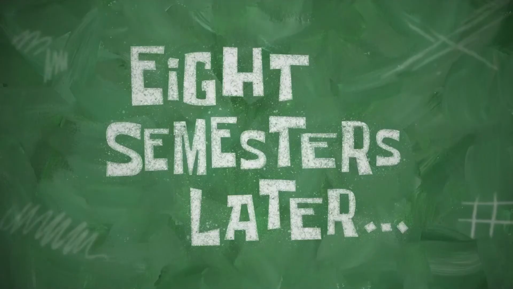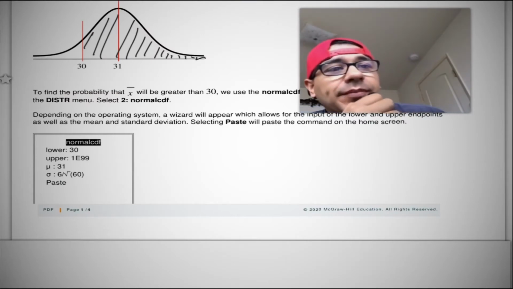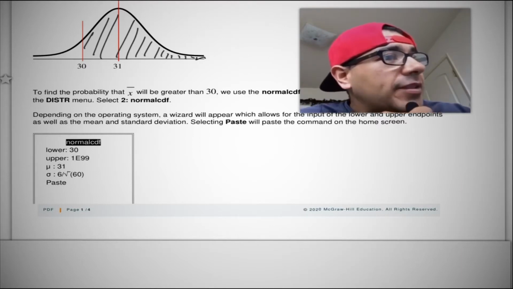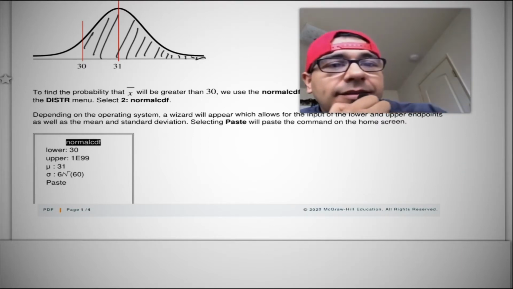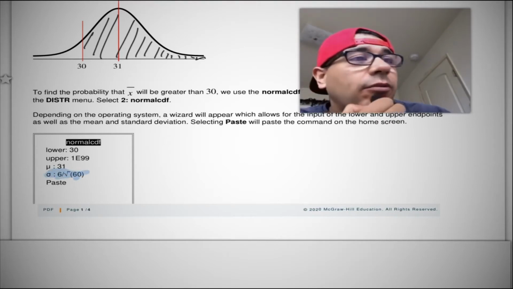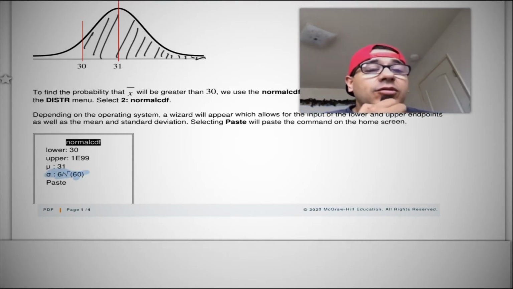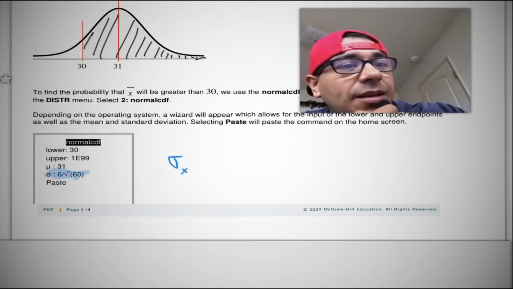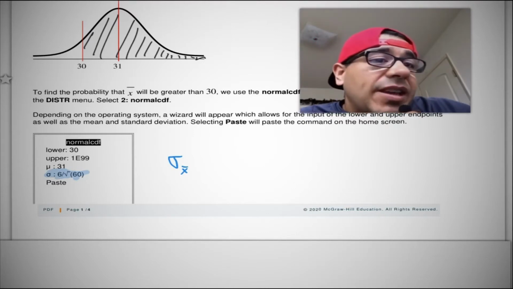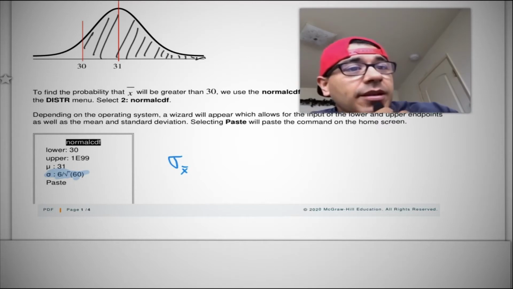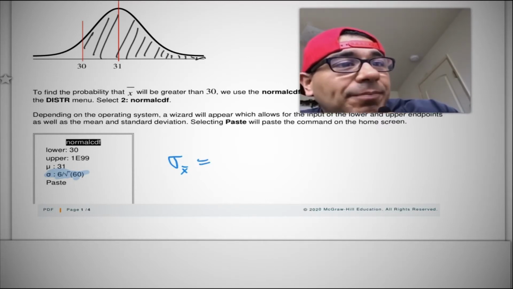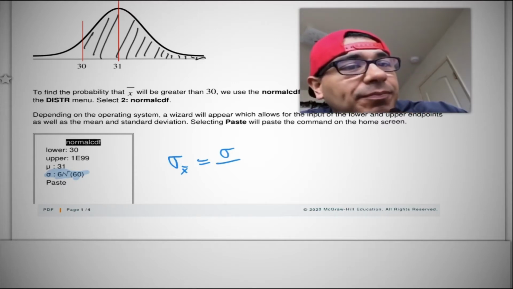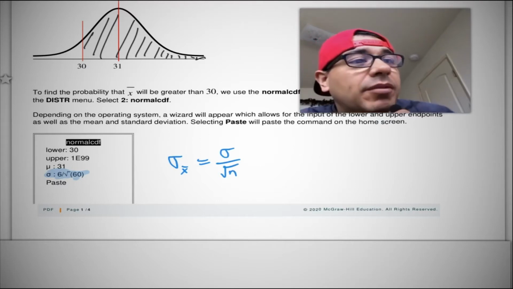Eight semesters later. All right, your second is up. Just like we said, everything's pretty much going to be the same. The only difference I want you to highlight here is to take a look at the standard deviation that we're going to be using because of our central limit theorem. Whenever you're entering the standard deviation of this sampling distribution, the way we approximate it is you take the population standard deviation that they gave us, and divide it by the square root of whatever our sample size is.